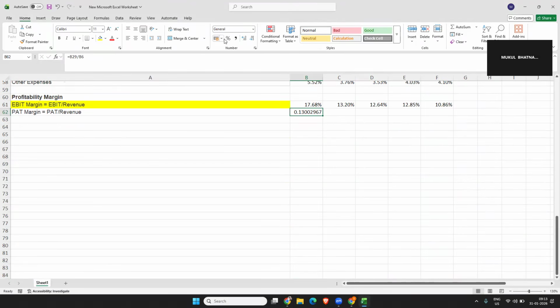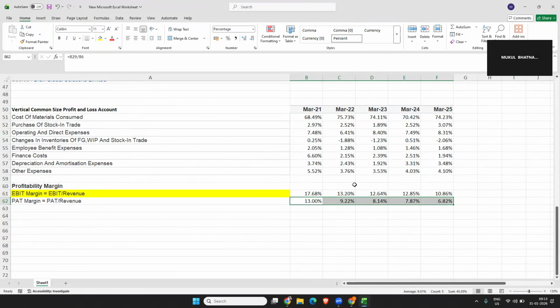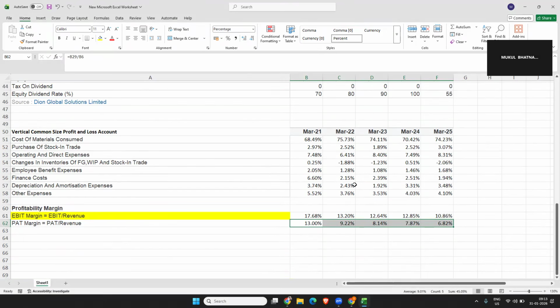I will convert it into percentage, increase up to 2 decimals and I will drag it further. So in this way, I am able to calculate profit after tax margins with the help of profit and loss account of Reliance Industries. All these values will be helping me to make decision about the company and to compare different companies. We will be doing that in last. So this is done.